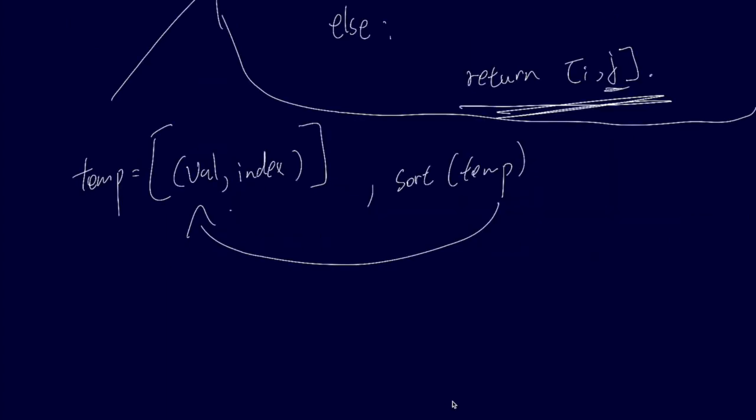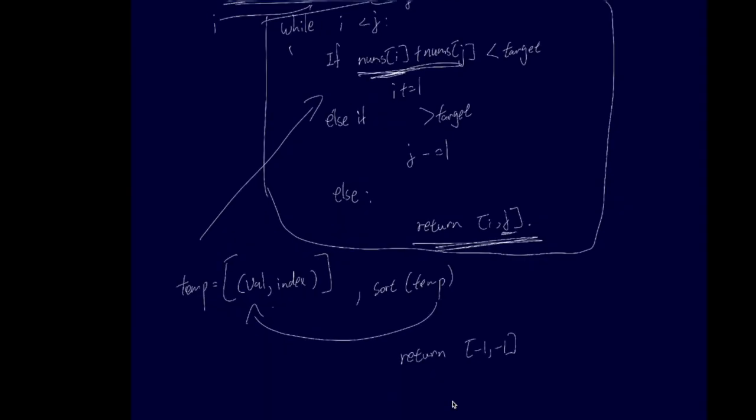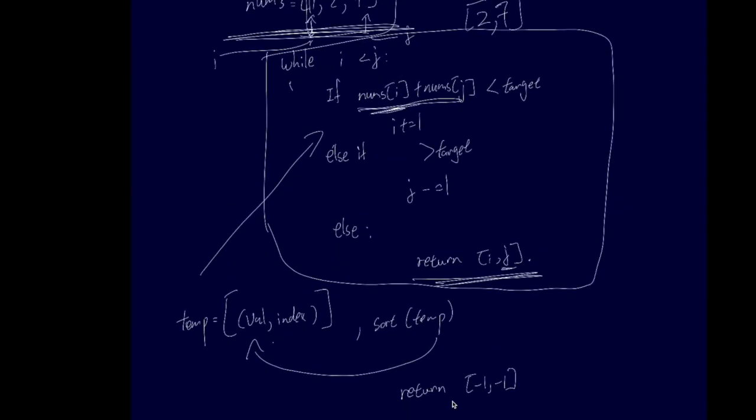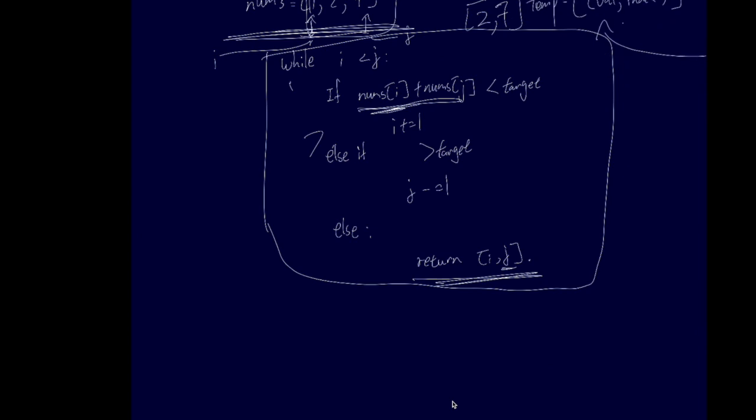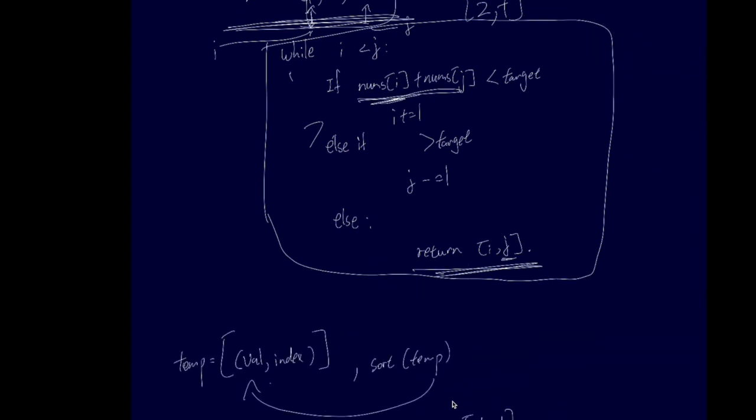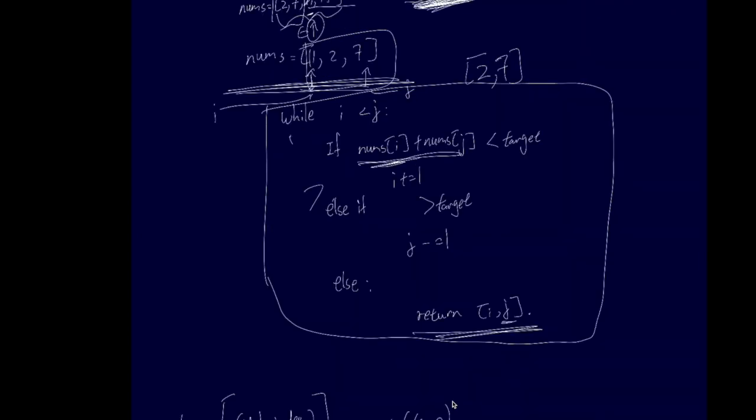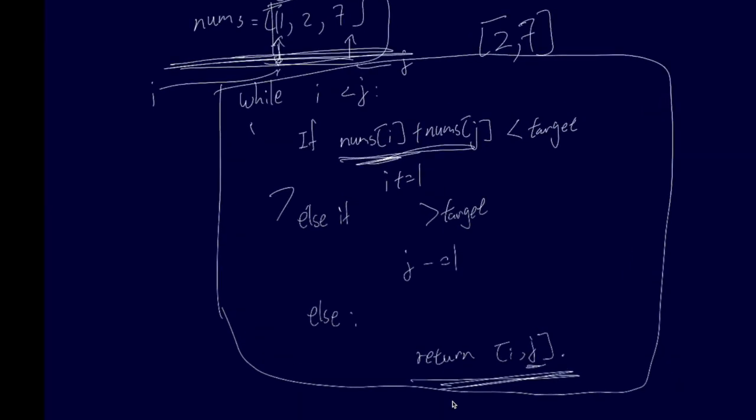Otherwise, we return -1 and -1. So that's that. This is the data structure we need for approach 2, and this is the core algorithm.